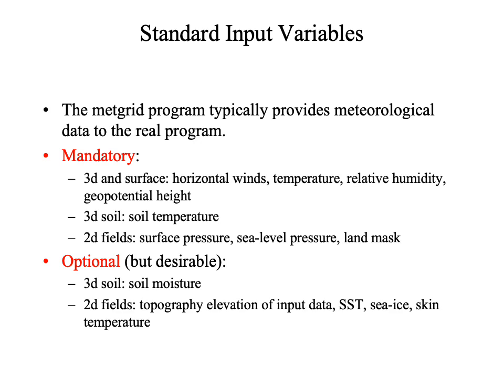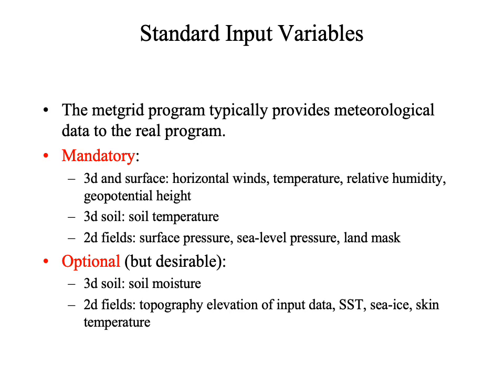Traditional 2D fields that you would also expect to have as input for the real program provided by WPS would be fields such as surface pressure, sea level pressure, and landmass. A number of additional 2D fields are optional, but most of the national centers provide these in their GRIB datasets. The topography, sea surface temperature, sea ice flags, skin temperature, etc.